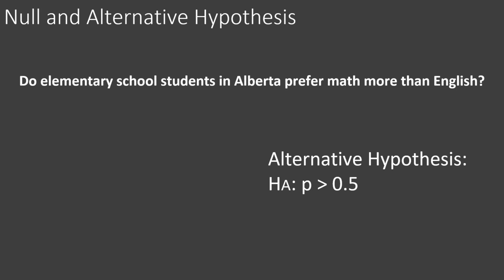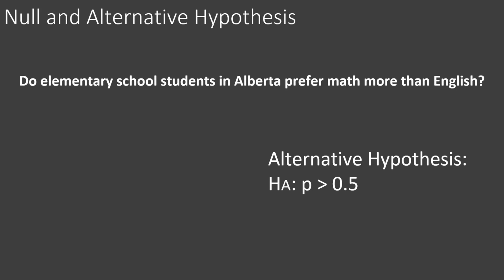The key is that they use the word prefer, meaning do they like math more than English. On top of that, there are no numbers; it's not asking for the mean amount of students that prefer math. It's just asking, do they prefer? So in this case you would use p, and it'd be greater than 0.5.